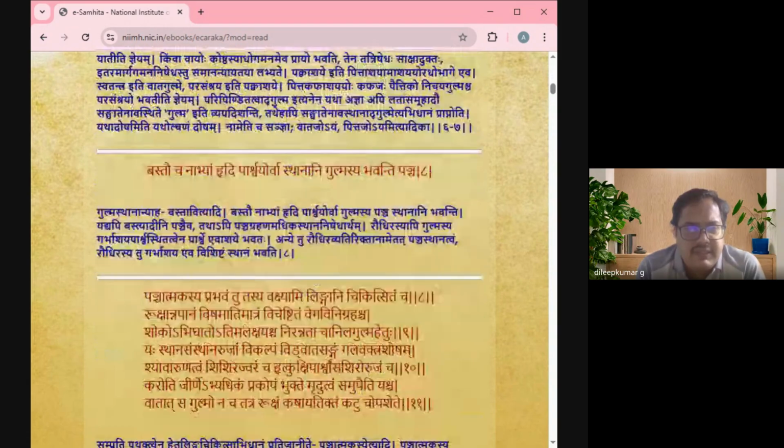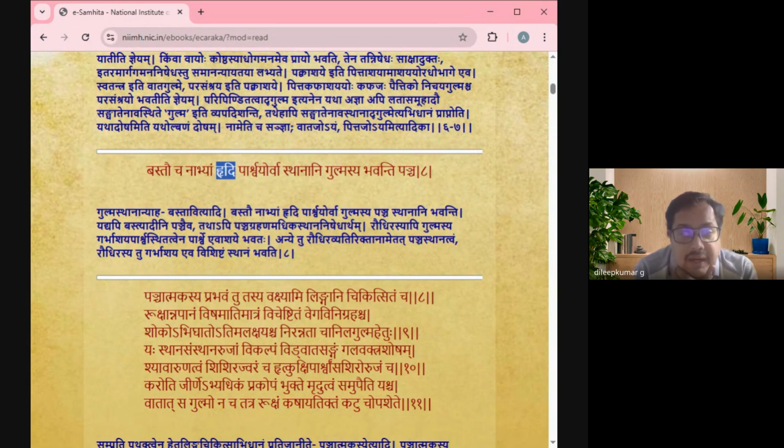So these are all the main sthanas of gulma. Basti means we should take it as the hypogastric region. Nabhyam means the umbilical region. Hrudi means we can take it as the epigastric region, where the esophagus, lower upper part of the stomach, heart, mediastinum and bronchus are all involved.